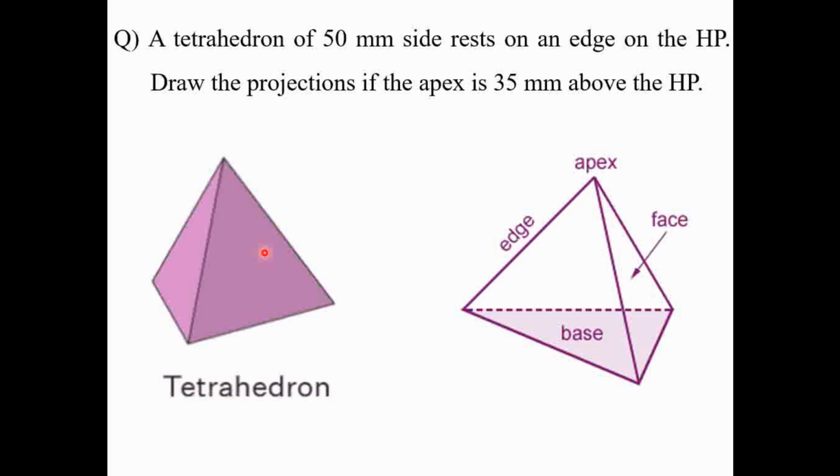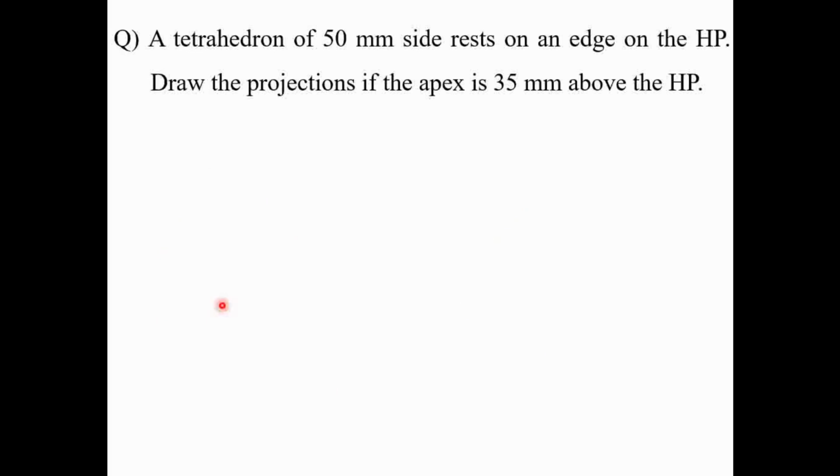In that, the very first step is we have to draw the true shape of the base. That will be the first diagram, and that will be visible in the top view. And as per the first angle projection method, top view will be below the XY line. Okay, this is the conventional or the proper method to start to draw the diagram.